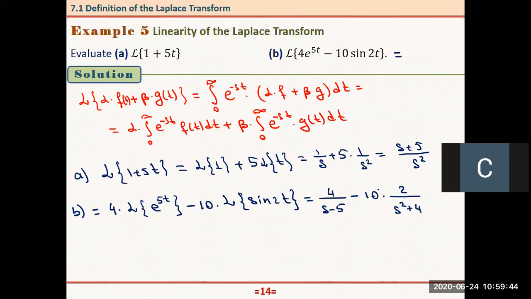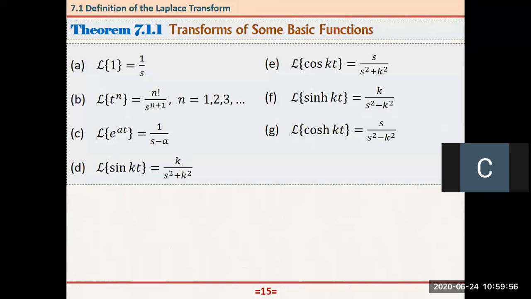That is how we make use of the linearity of the Laplace transform. I think you got some idea about the Laplace transform. Now we can write a few of them. The first one we already calculated.